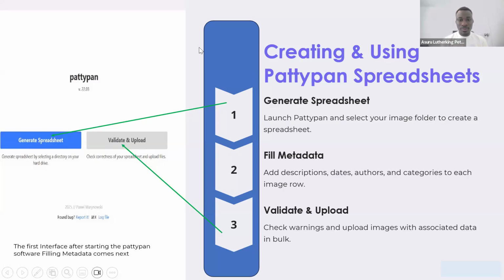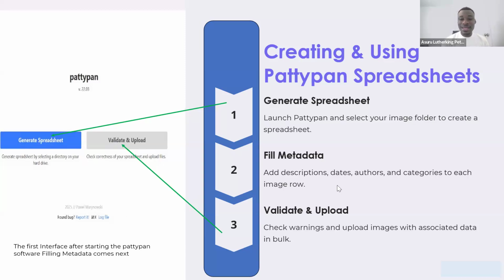Okay, this is what the landing page of PattyPan looks like. You see generate spreadsheet, you see validate, and you see upload, right? That being said, you launch PattyPan, you select your image, which I will show you when we get to the practical section.